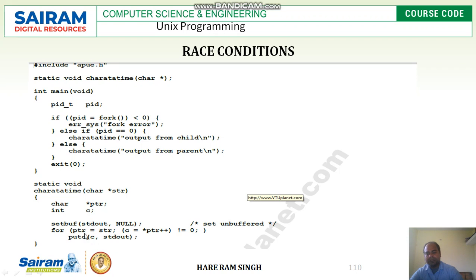Now for ptr equal to str, the pointer starts from the string, and c equal to *ptr++. The pointer keeps incrementing, and whichever character it represents is assigned to c. The loop works while c is not equal to 0, and the third parameter is nothing.